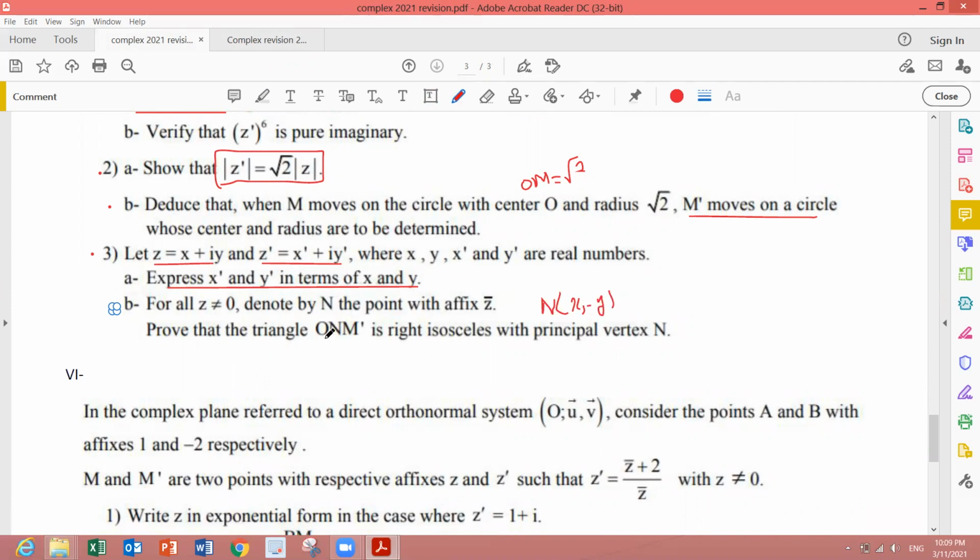Prove that triangle O N M prime is right isosceles with principal vertex N. For a triangle to be right isosceles, we have to prove it right. We can use Pythagoras, we can use scalar product, we can use a slope. To prove it is isosceles, we have to calculate NO and NM prime. NO should be equal to NM prime.